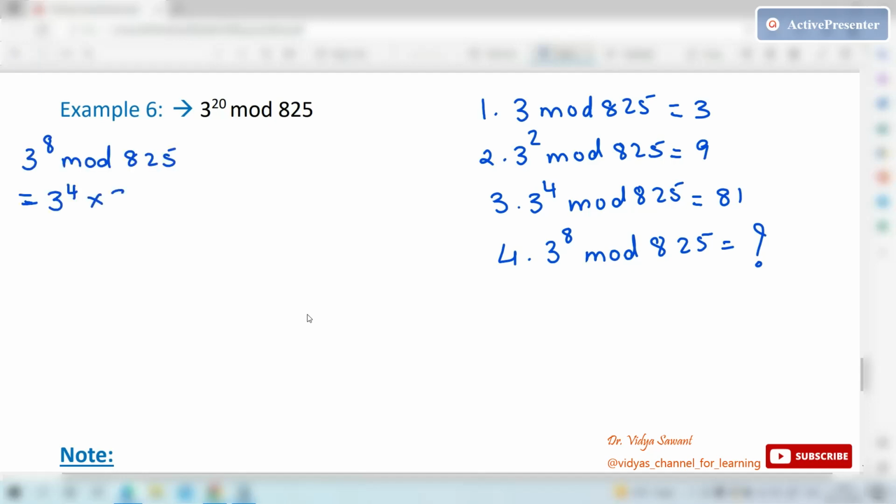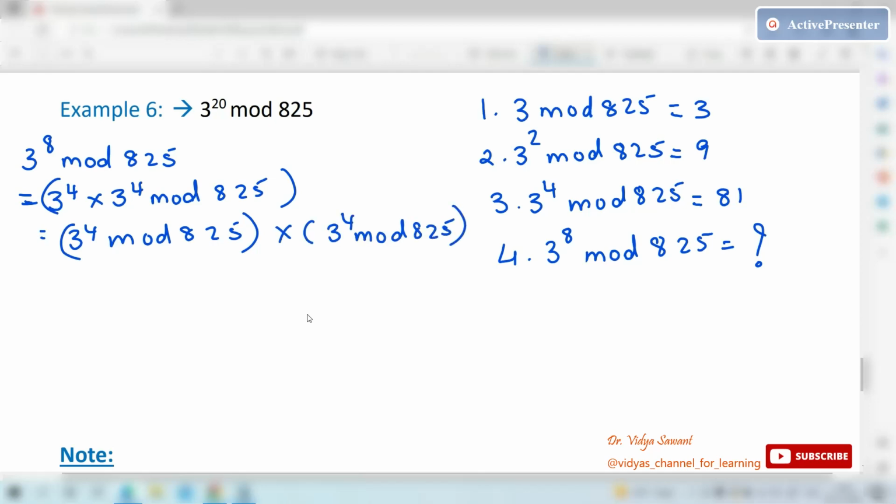So 3 raised to 8 mod 825 can be solved by doing 3 raised to 4 into 3 raised to 4 mod 825. That is 3 raised to 4 mod 825 multiplied by 3 raised to 4 mod 825. Now we know that 3 raised to 4 mod 825 is 81, so 81 into 81. The answer comes out to be 6561.